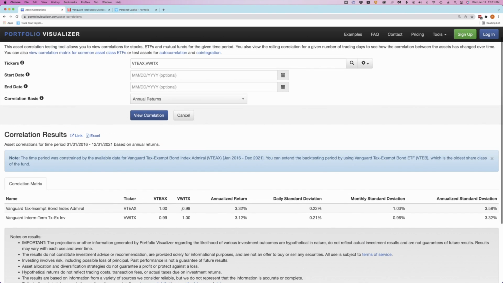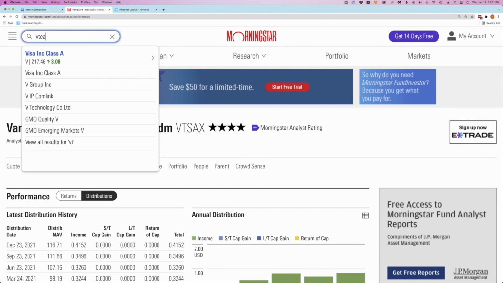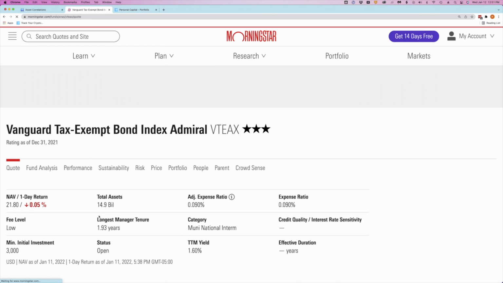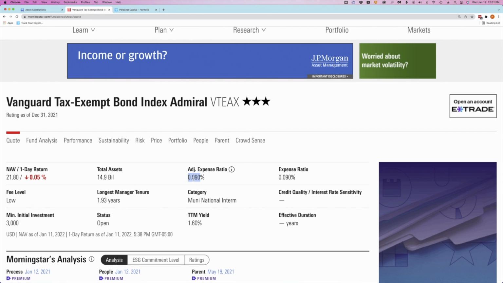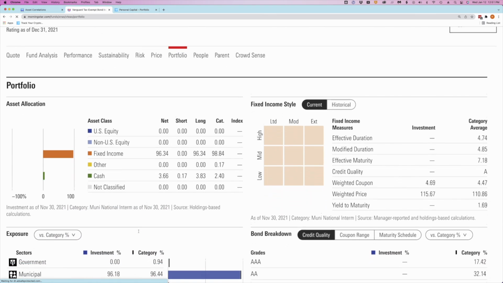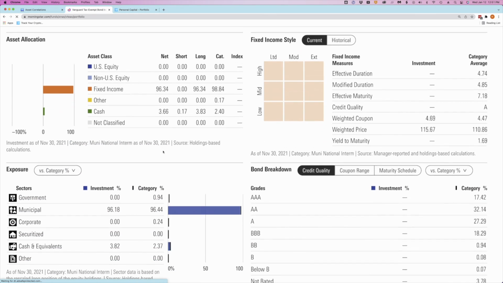And we could pull them up in Morningstar and take a deeper dive and see what they invest in and their cost. This one's 9 basis points. The portfolio is going to obviously be fixed income, all fixed income and some cash. Here, there might not be much differences.